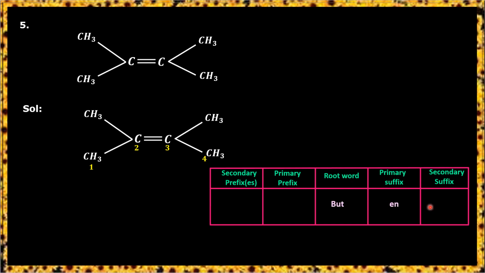Primary suffix is en. Secondary suffix is e. And the second and third carbon atoms are bearing 2 substituents, methyl groups. Okay. So 2,3-dimethyl but-2-ene, because the second carbon atom is attached to one double bond. So this is the IUPAC name of the given compound.